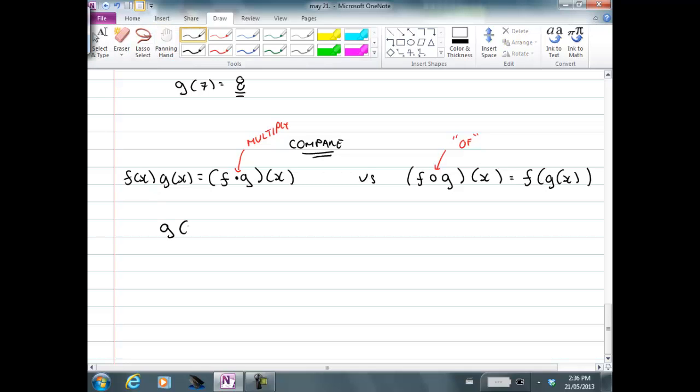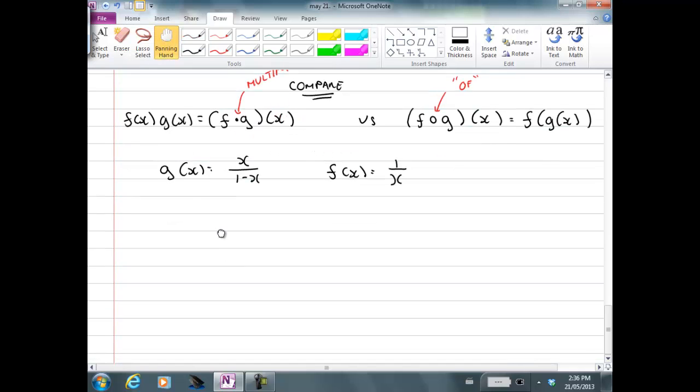So here will be your question. g of x equals x over 1 minus x. f of x equals 1 over x. I'm going to ask you to do a few key things. 1.